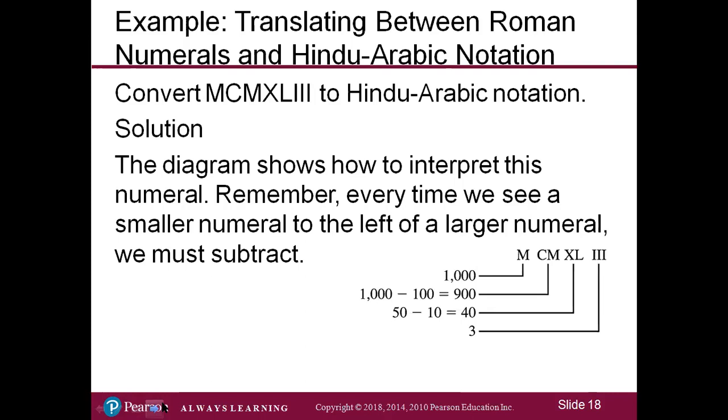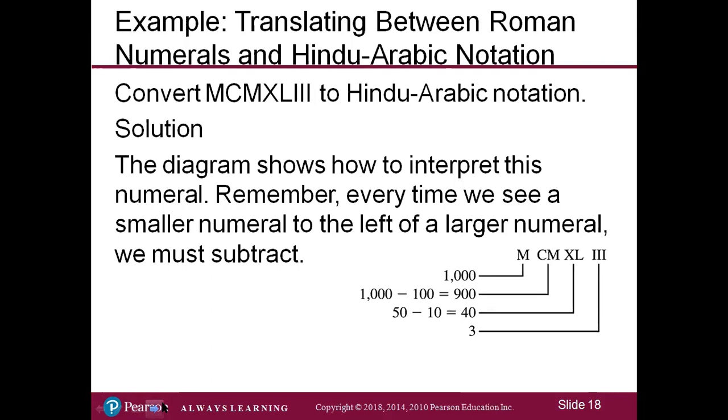So M is a standalone at 1,000. We then go down to 100 and back up to 1,000. So that means we need to subtract the 100 from the 1,000. So we have 1,000 plus 900. And then our next grouping goes down to a 10, but back up to a 50, which means we subtract the 10 from the 50 and get ourselves a 40 and move on to the next set of numerals, which is III, giving ourselves a 3.